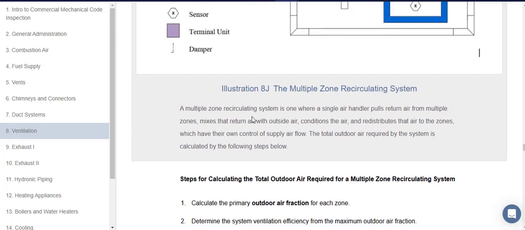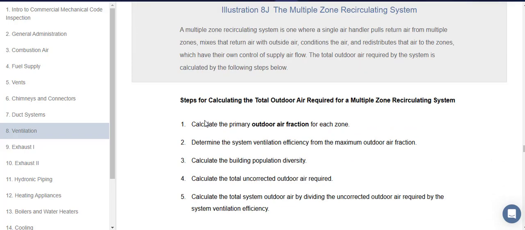A multiple zone recirculating system is one where a single air handler pulls return air from multiple zones, mixes the return air with outside air, conditions the air, and redistributes that air to zones which have their own control of supply air. The total outdoor air required by the system is calculated by the following steps.